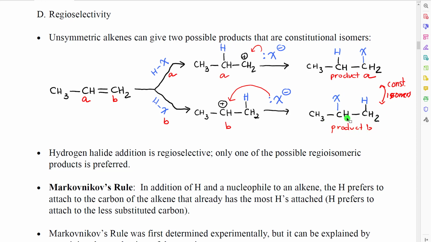If we carefully examine these two products, you can see that these would be constitutional isomers of each other. We have these 3 carbon chains with a halogen substituent either on an end carbon or on the middle carbon. We are going to call these possible products. When there are possible products that are constitutional isomers, we say that we have regioisomers.